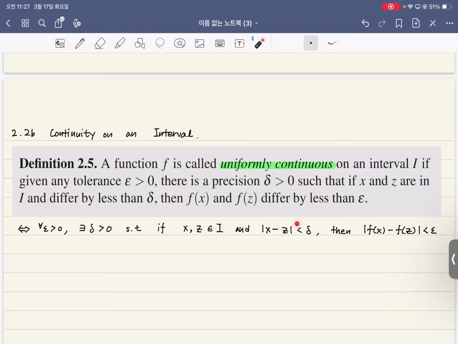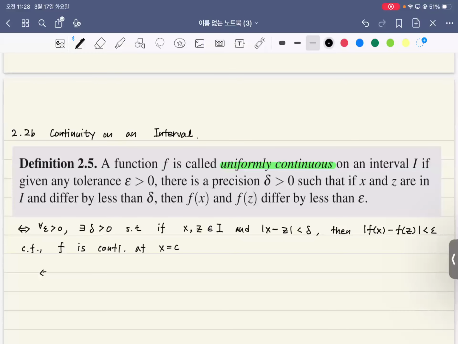This part is somehow different from the previous definition. Okay, so if you do not remember, for your information, this is the definition of f being continuous at a single point.